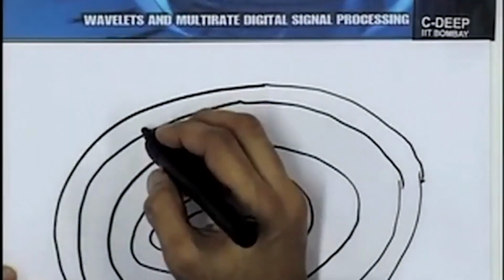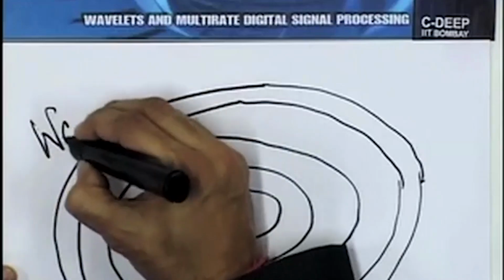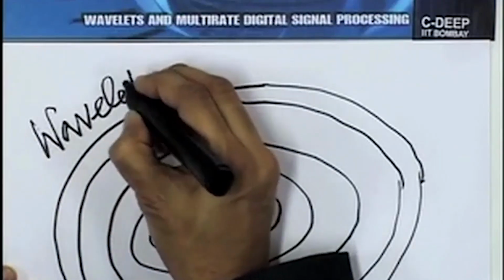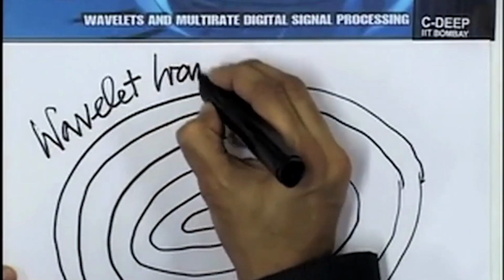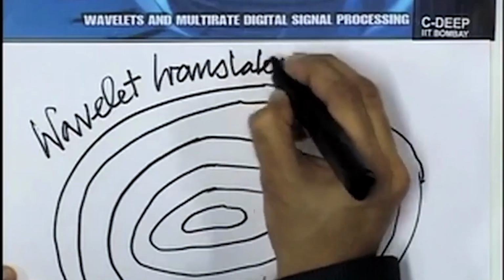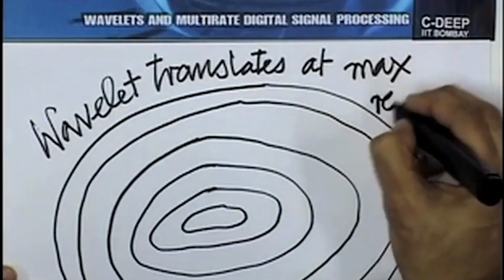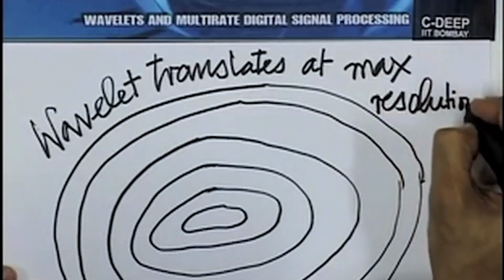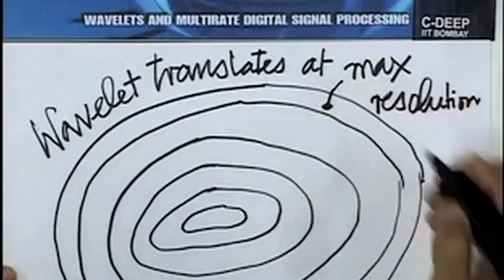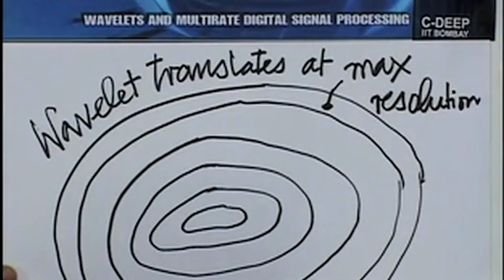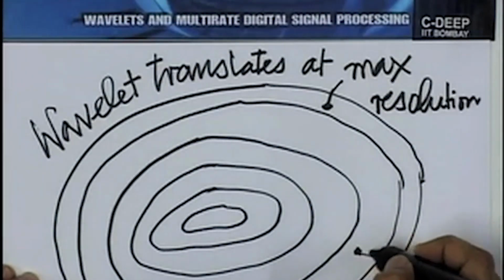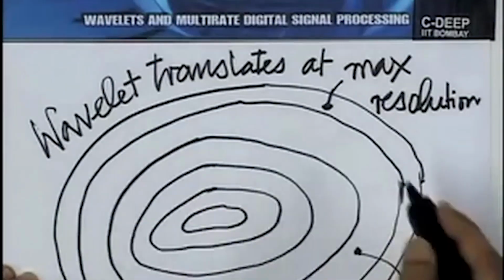So, the wavelet at the highest resolution, at max resolution, would essentially take out this. At next resolution, it would take out this shell and so on. So, when you reduce the resolution, what you are doing is to peel off shell by shell.